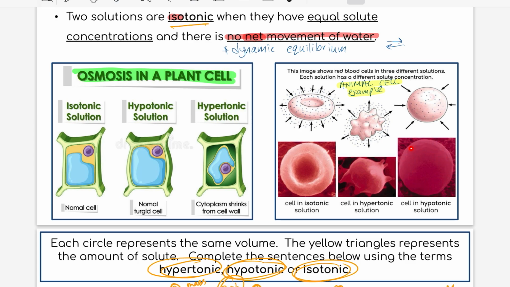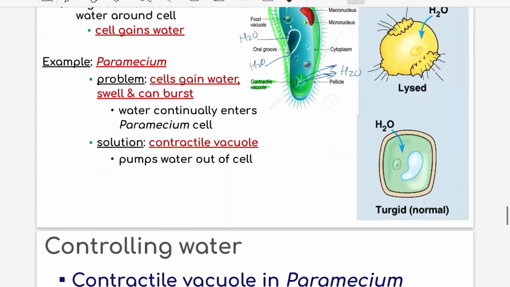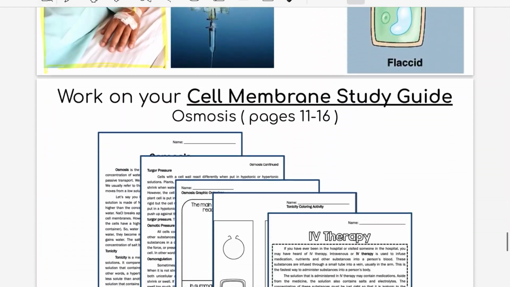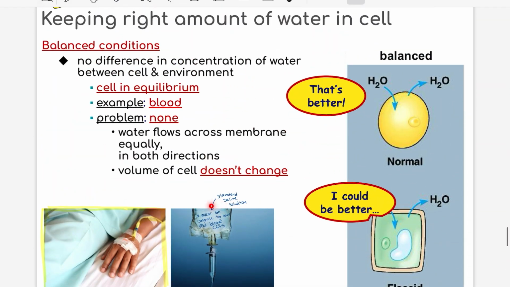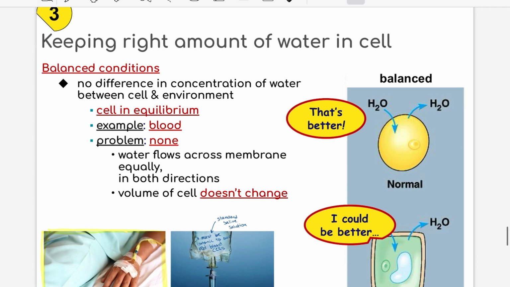It's increasing its volume, and it's lost this little dimple, so it doesn't have that center indent. This is also not good. It will explode and die. So that happens if we have a hypotonic solution going into our blood. So that is osmosis and some examples that are related to osmosis.